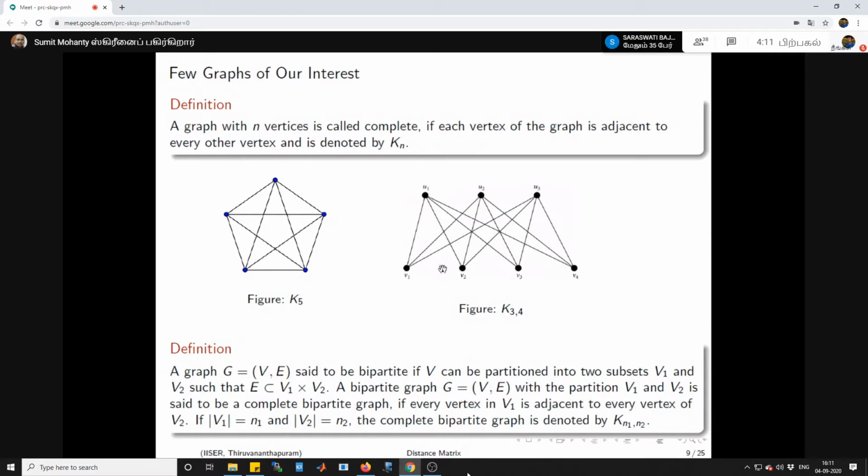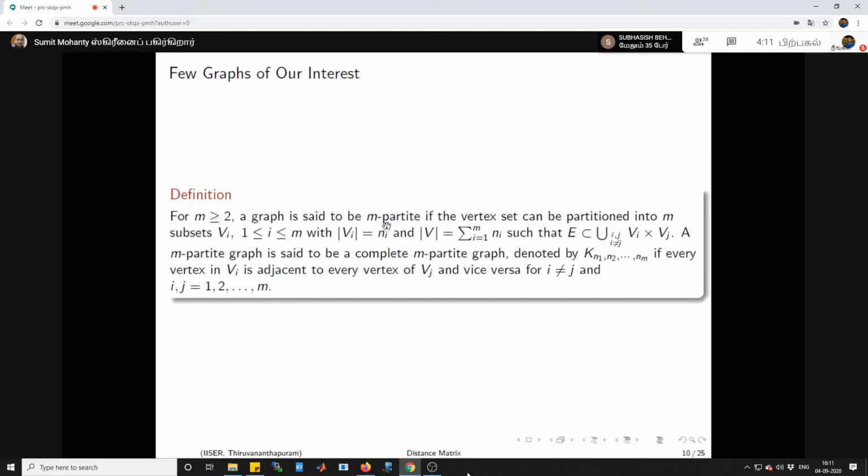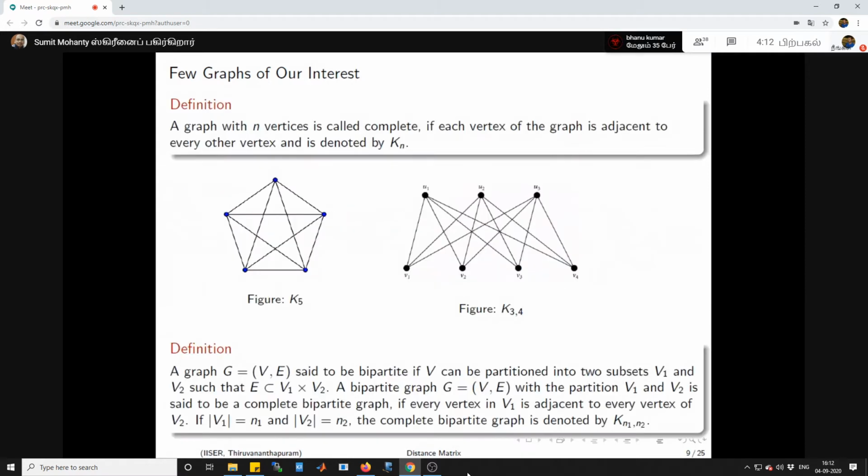Similarly, in a multipartite graph, suppose you consider an m-partite graph, then the vertex set can be partitioned into m parts, and adjacency is only between one partition and another. Within an individual partition there is no adjacency, and it is complete if every partition is completely adjacent to the other partitions, just like a bipartite graph. This is an example of K3,4.